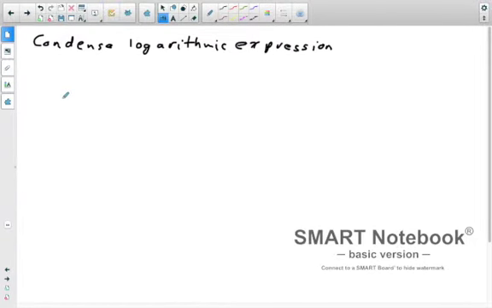So let's say that we want to find the simplified version of 2 log base 3 of uv cubed minus log base 3 of uv.